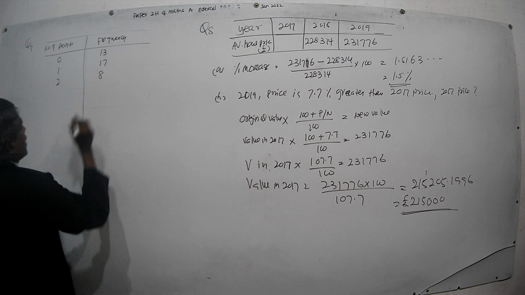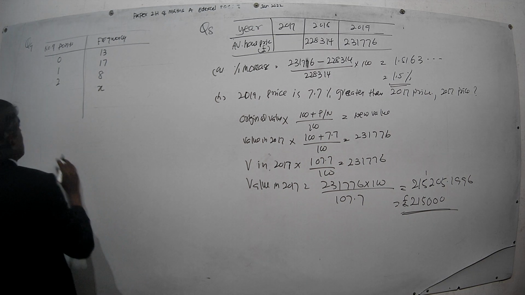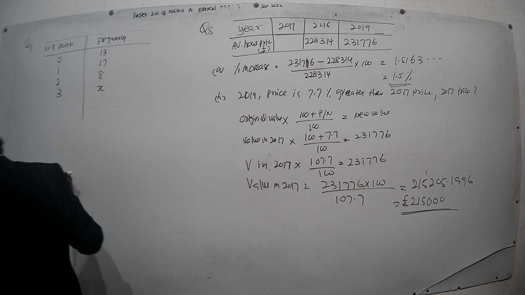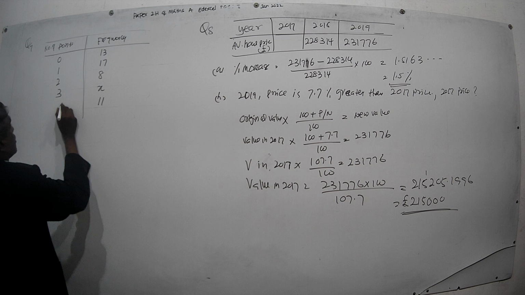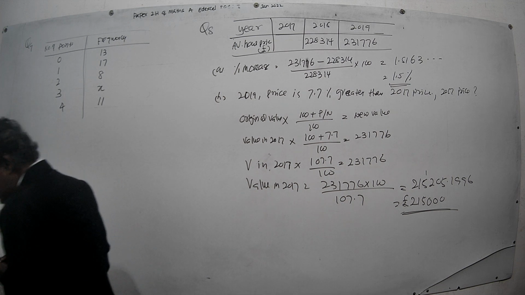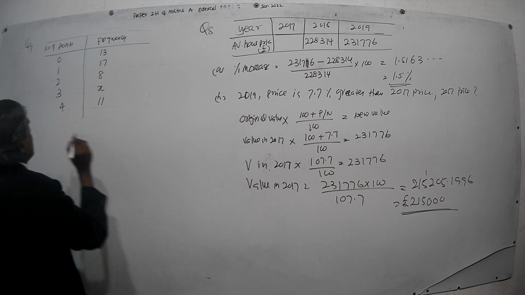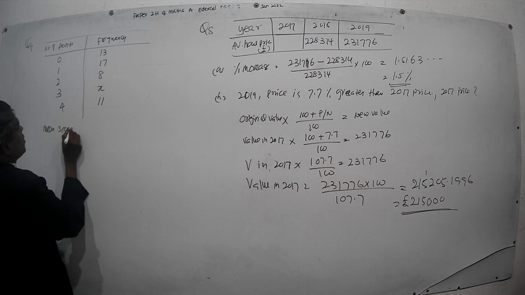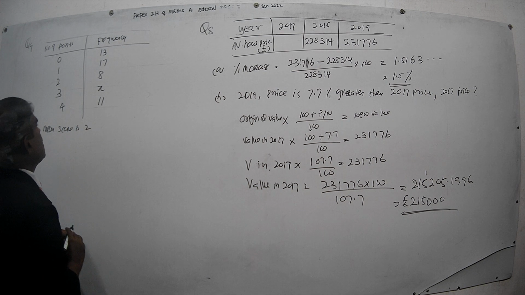X players have scored 3 each. 11 players have scored 4 each. The mean number of points scored is 2, they say. By using this information, we are asked to find X.